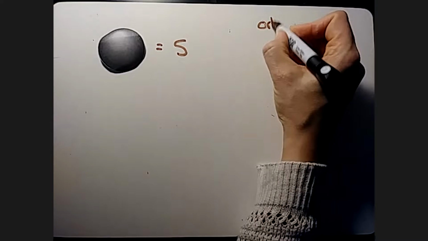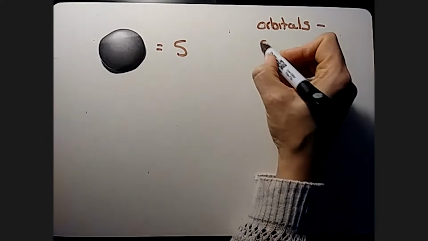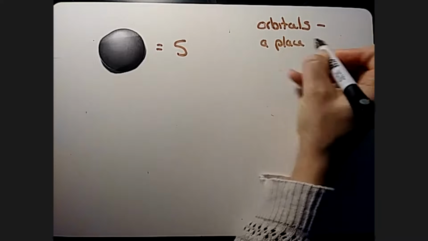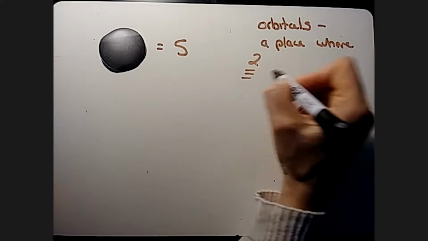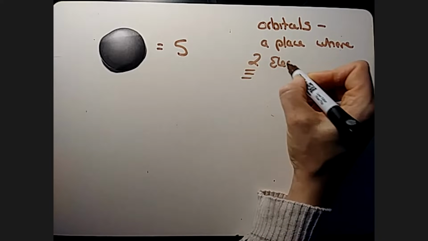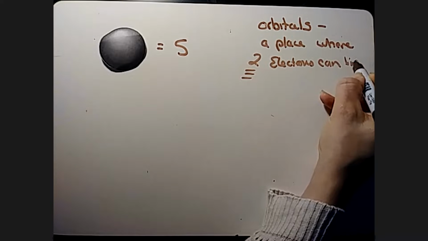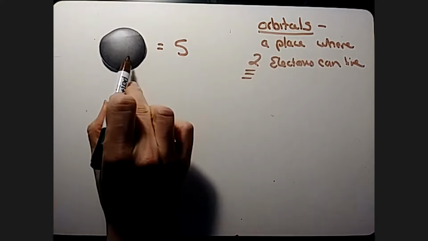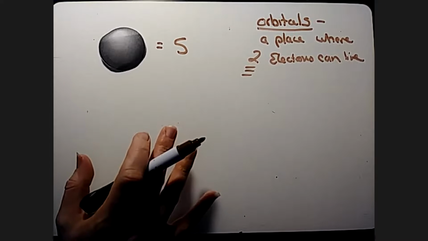Now, these shapes are called orbitals. An orbital is a place where 2, and exactly 2, electrons can live. So this is the first picture that Schrodinger develops for an orbital.